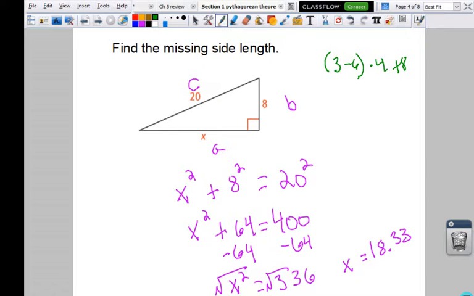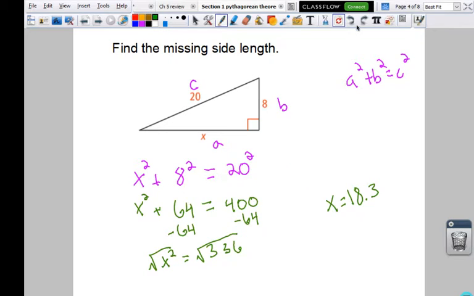No calculators. Alright, we'll give you an exception. Is it negative 4? On that one? No.